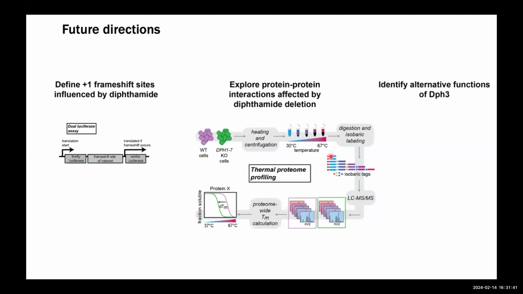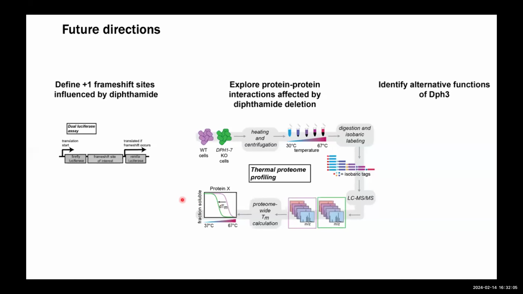I will then label each different temperature with a different TMT label, like I mentioned before, and run these on the mass spec. From this, I can quantify thermal stability curves for each protein, and proteins that have a change in their thermal stability between wild type and knockout will indicate proteins that had a change in their protein-protein interaction status upon deletion.